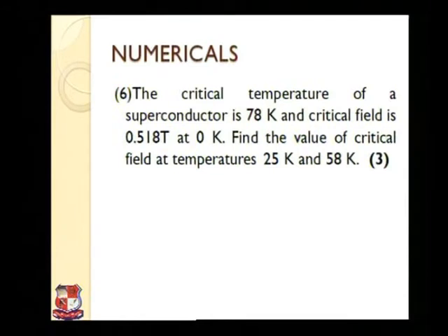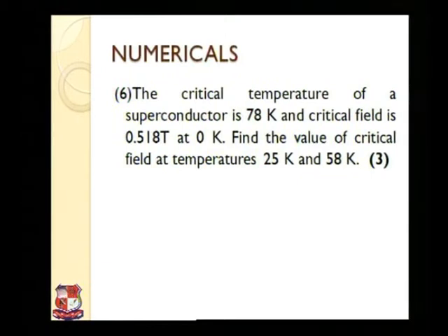You can see here the values that the critical temperature of the superconductor is 78 Kelvin and the critical field at 0 Kelvin is 0.518 Tesla. You want to calculate the critical field at different temperatures. 25 Kelvin and 58 Kelvin are the values of two different temperatures at which you need to calculate the critical field.